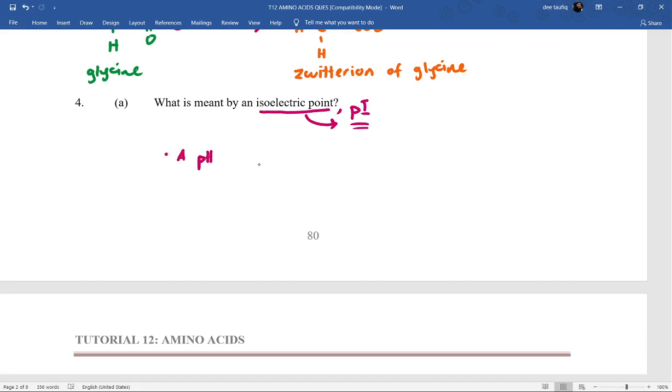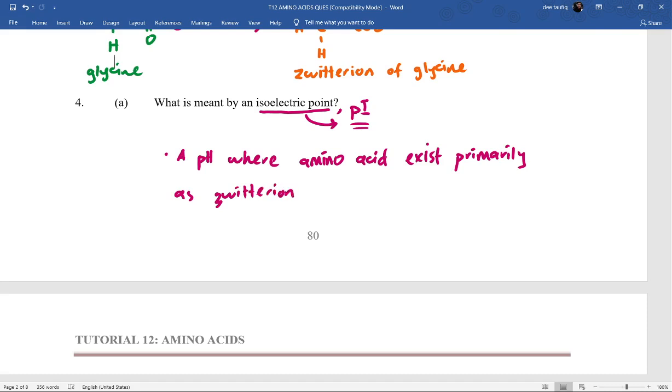A pH where amino acids exist primarily as zwitterion.